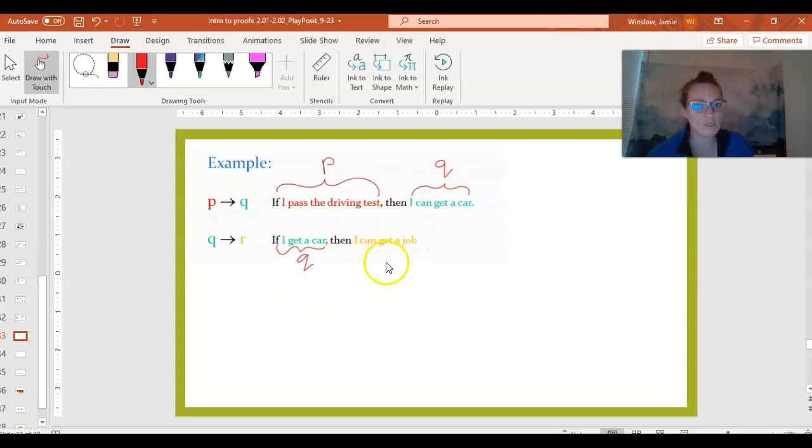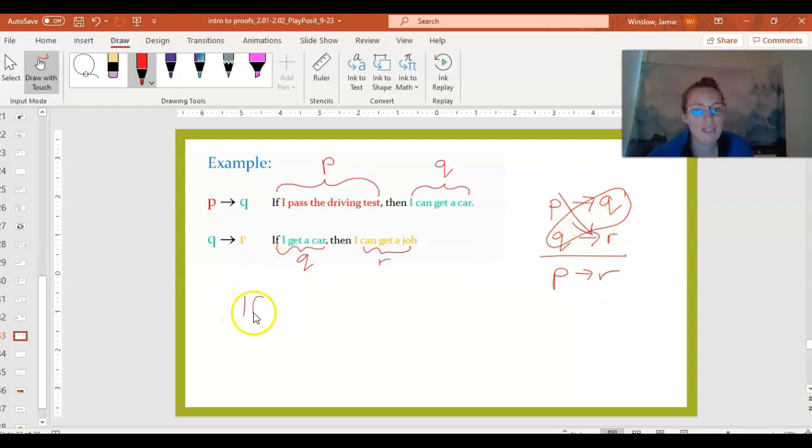This is a totally new one, we'll call it R. Oh, look, these match. So that must mean P implies R is true. If I pass the driving test, then I can get a job.